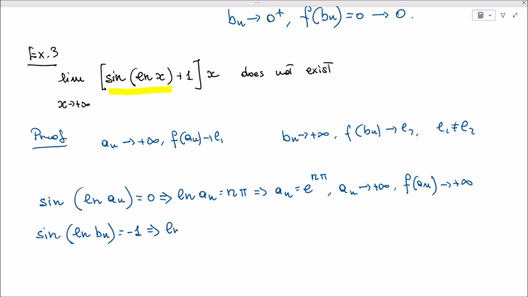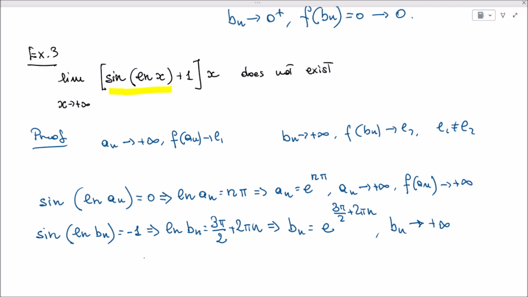When the logarithm of bn is equal to 3 pi over 2 plus 2 pi n, which implies that bn will be equal to e raised to the 3 pi over 2 plus 2 pi n. And we clearly see that bn is something that will diverge to plus infinity, so this is a good candidate.